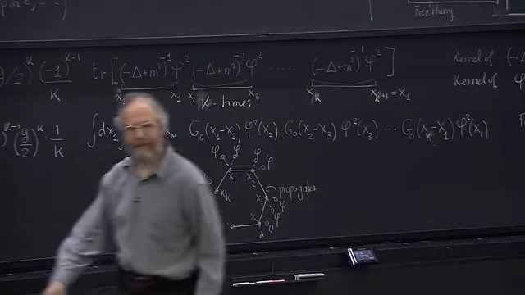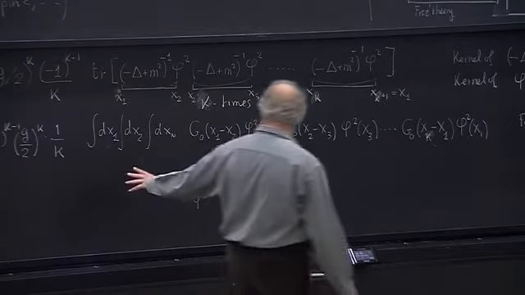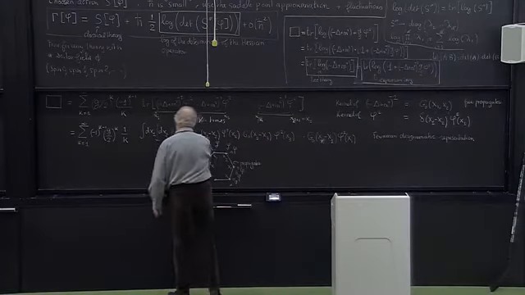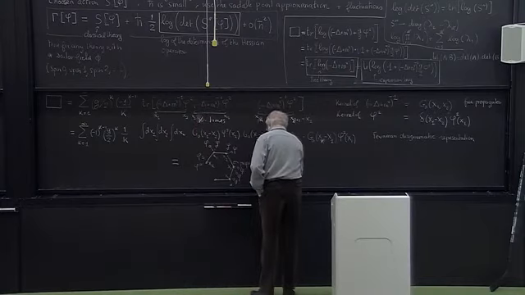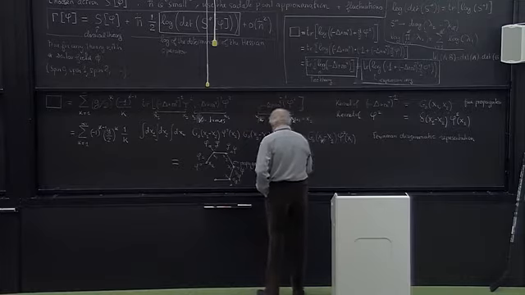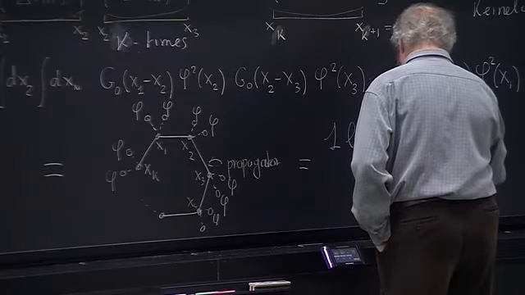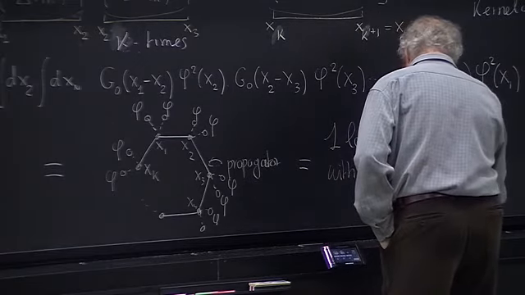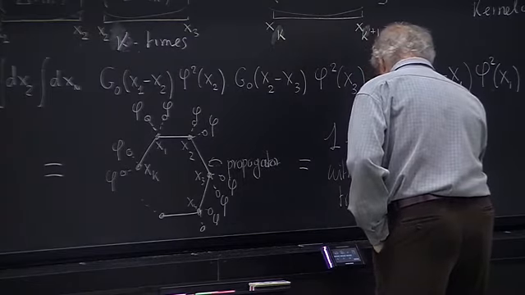Okay? That's it. So you see, I can rewrite this as this object, which is just the contribution of the one loop diagram with 2k external truncated legs.